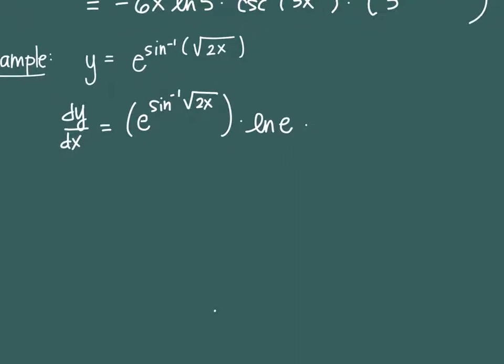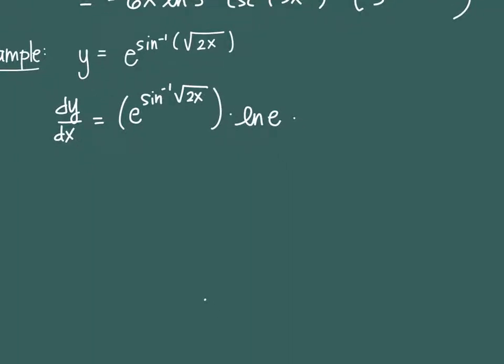Then we've got to remember how to do, from just over the weekend, the derivative of inverse sine. So that's going to be 1 over, because it's sine, it'll be positive, the square root of 1 minus the square root of 2x as a quantity squared, which will get cleaned up.